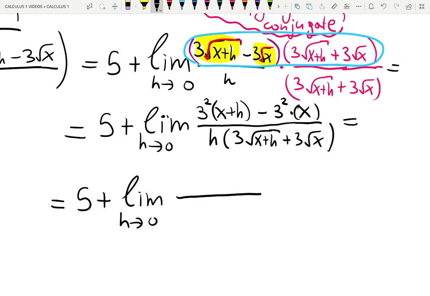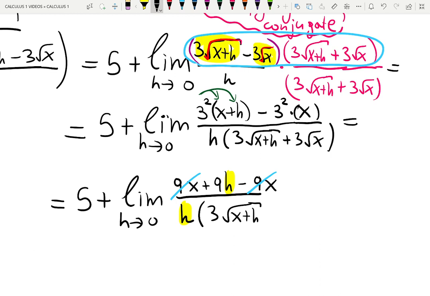The numerator will be, let's distribute 9 times x and 9 times h: 9x plus 9h minus 9x. Yay! 9x and minus 9x gives you 0. And now I have h isolated, standing by itself, ready to be cancelled out with the h in the denominator.